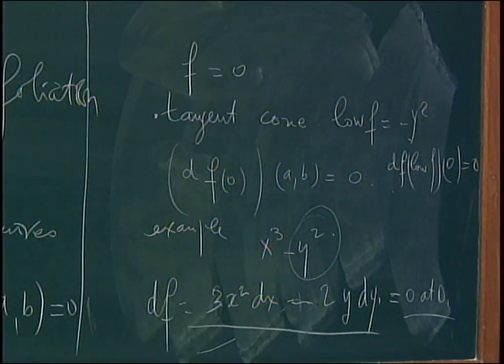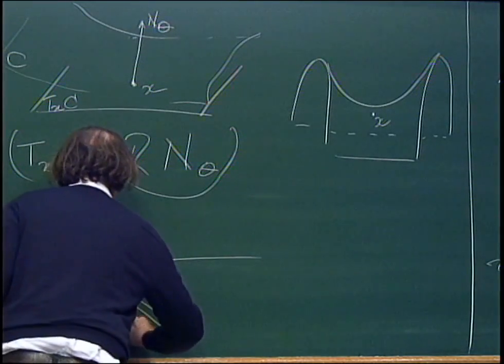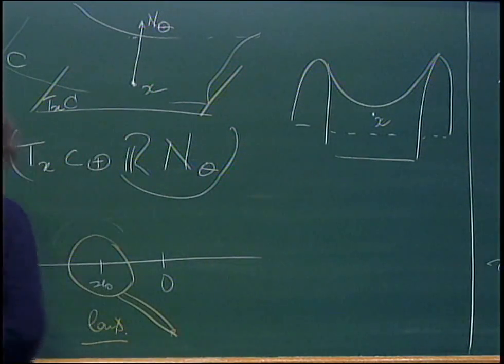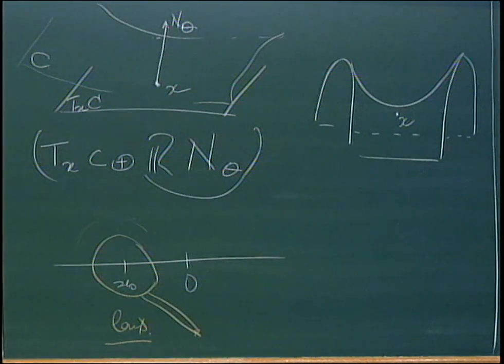Anyway, when we zoom like that, that is, we make this change of variable at the point x0 on the x-axis, we have to adjust the strength of this lens.